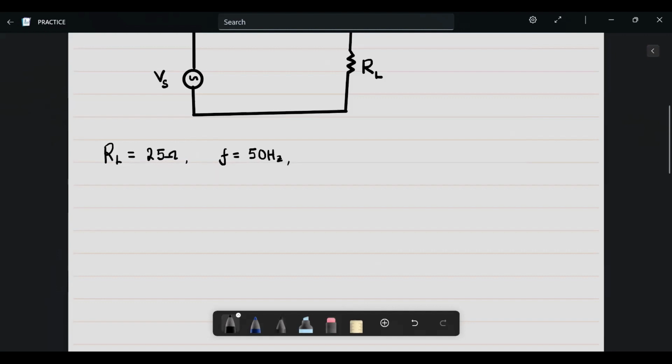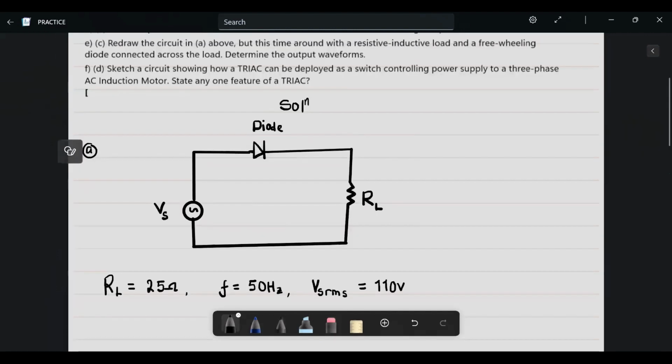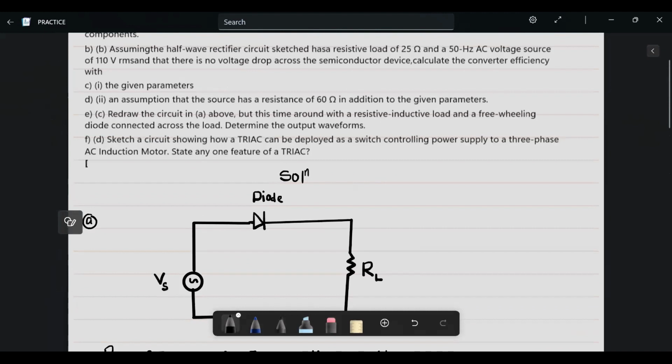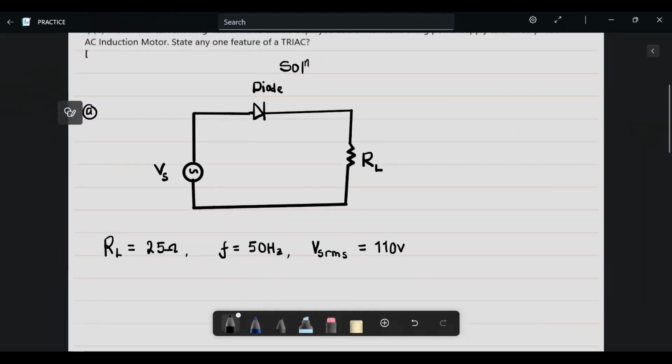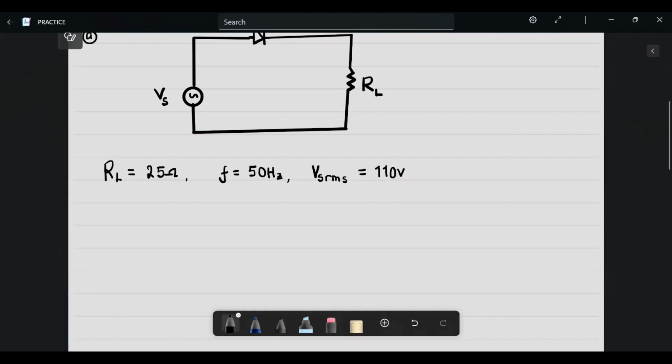We're also given the source RMS voltage, 110 volts. What else is given? I think that's all. We're only given that data. So the question is, we have to find the efficiency.